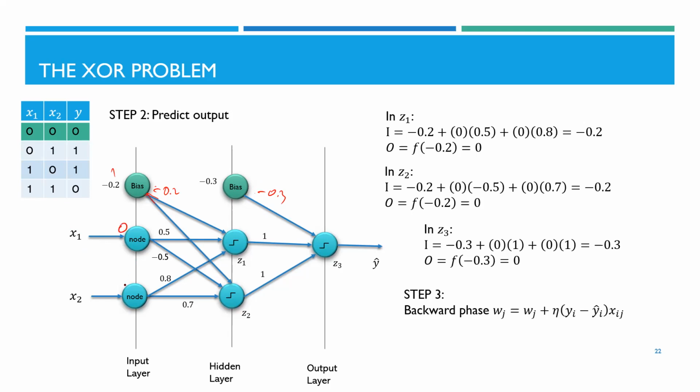So here is 0, this one is 0. Let's see the first node in the hidden layer. We start from this node. For this node, there are 3 inputs: from the bias, from the first input, from the second input. So here, this is from the bias.